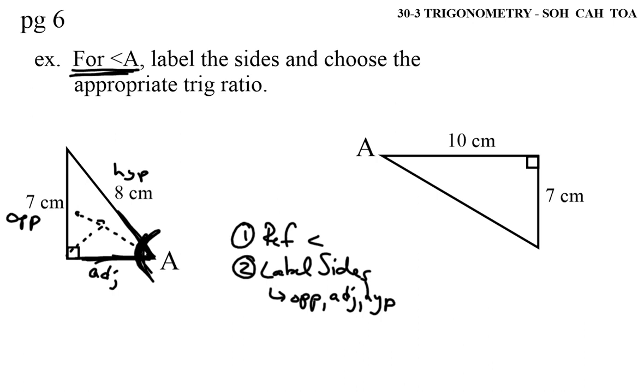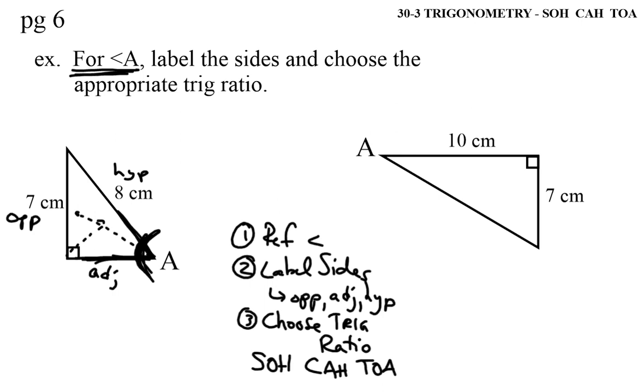But now, our third step when we solve is to choose the appropriate trig ratio. Well, that means we need to consider sine, SO, cosine, CA, or tangent, TOA. So, SO CA TOA.